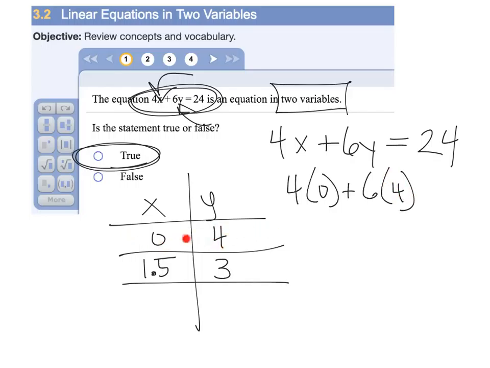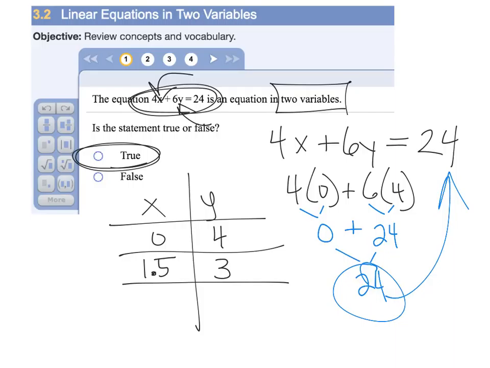From right here, because we think this is a pair of variables that work for this equation. So let's do the math. 4 times 0 is 0, plus 6 times 4, 24. 0 plus 24 is 24, and that's exactly the answer that we wanted. So that means 0, 4 should belong in this table.